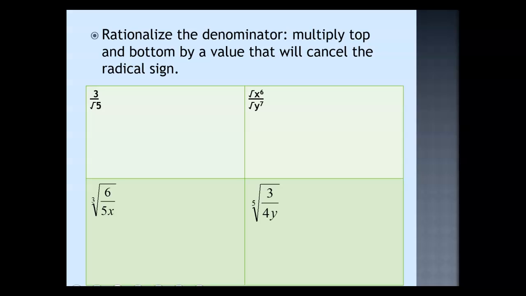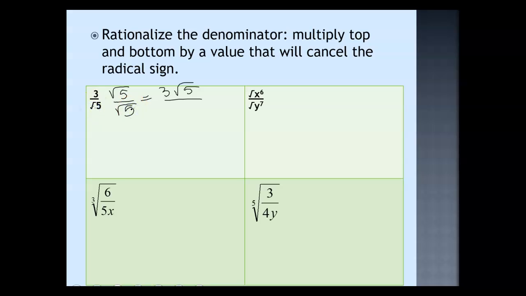So you want to get rid of the square root of 5. So how do you get rid of a square root? Well, you need itself. So if you multiply by the square root of 5 over the square root of 5, that's really the same as multiplying by 1. If you multiply two square roots, you multiply those numbers together.